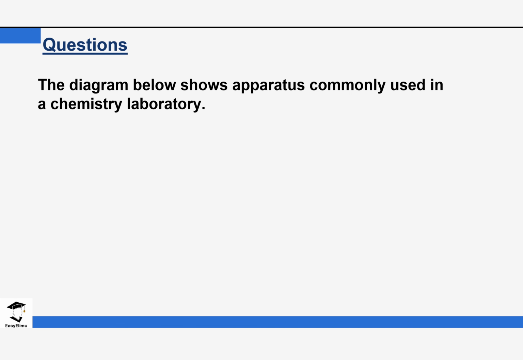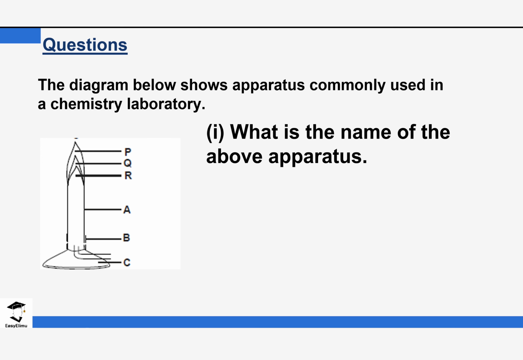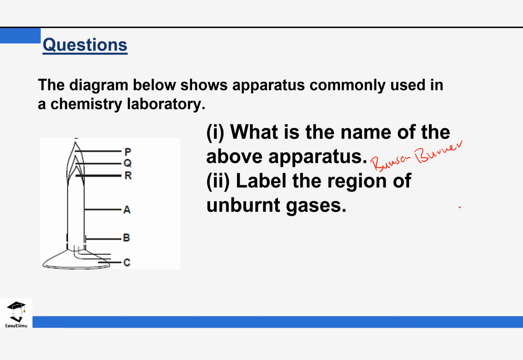The diagram below shows apparatus commonly used in the chemistry laboratory. So you can see that is the Bunsen burner. So what is the name of the above apparatus? You have said it's the Bunsen burner. And then question 2, label the region of unburnt gases.